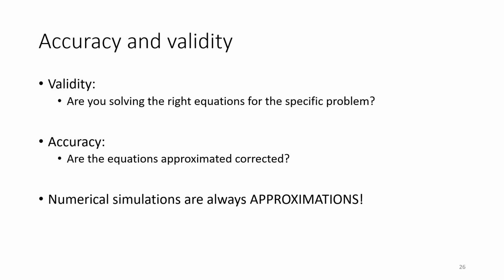An accurate model is solving those equations with sufficient accuracy. So this is a bit the difference in wording. Again, I can't repeat it often enough: numerical simulations are always approximations, so I always have an accuracy issue. But as I said, that's why this suitable accuracy is put in there.